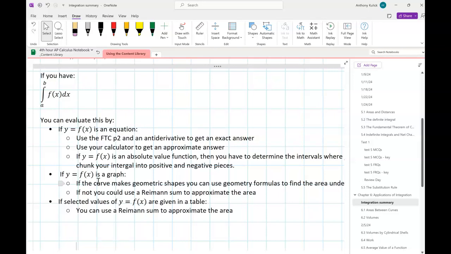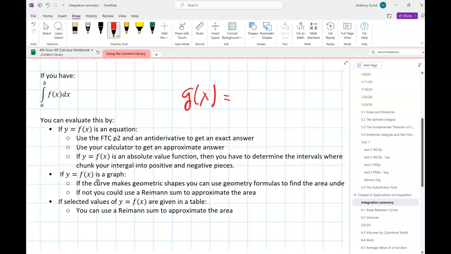In general, what I would be doing is trying to eyeball the areas a little bit. But more often than not, they'd describe the graph, give you that type of thing, and ask you to draw the graph of the integral given the graph of f of x.